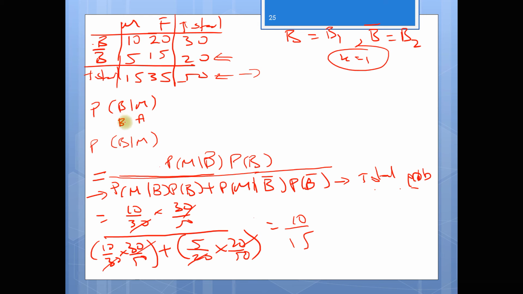So the probability of BK, where BK is B, which means B1, given M, is equal to what?